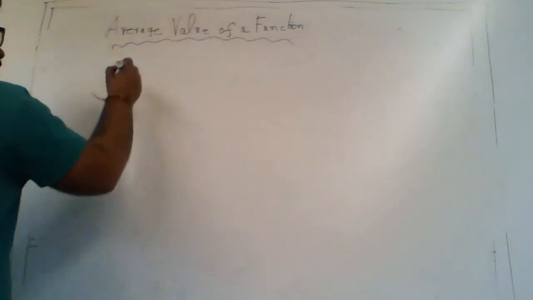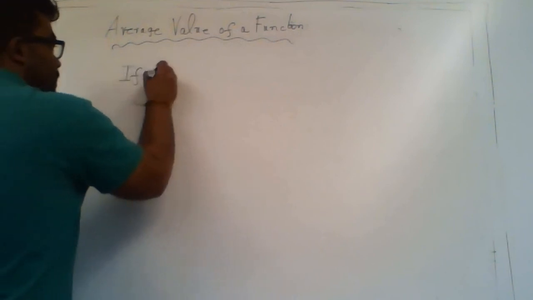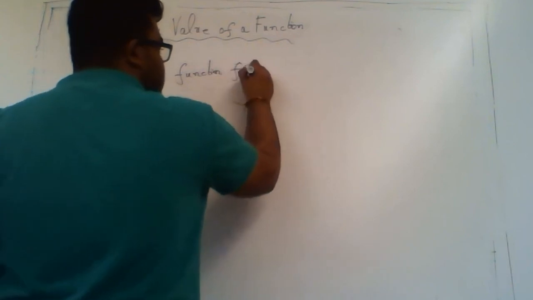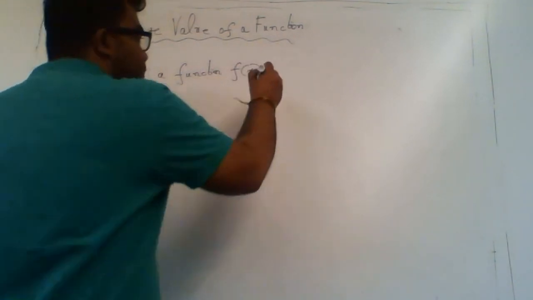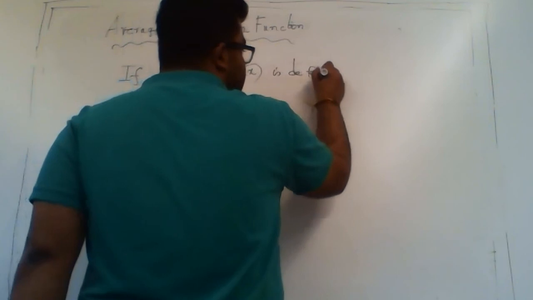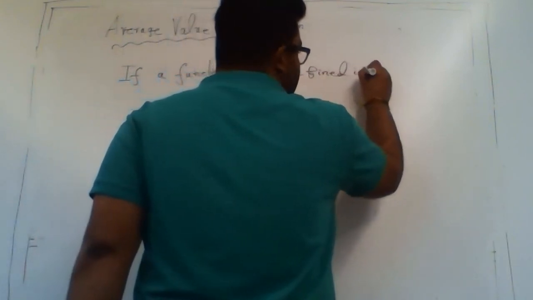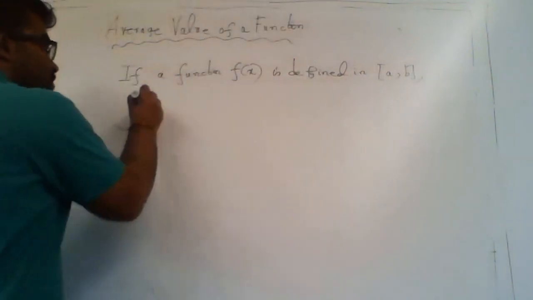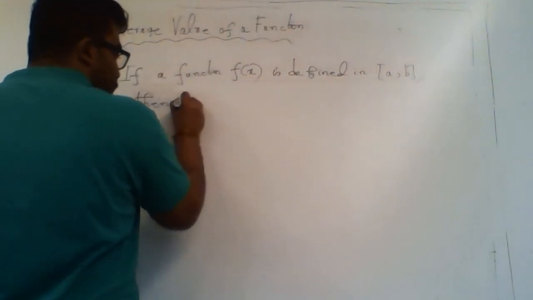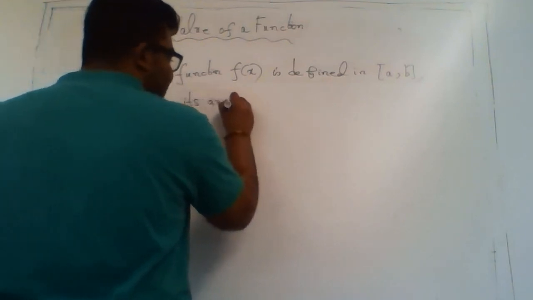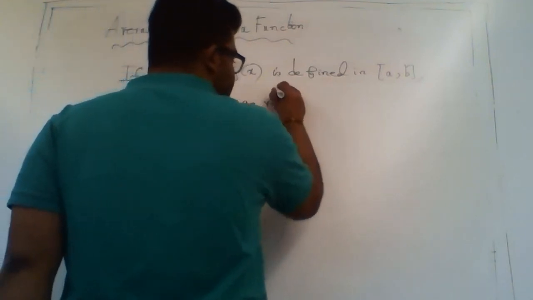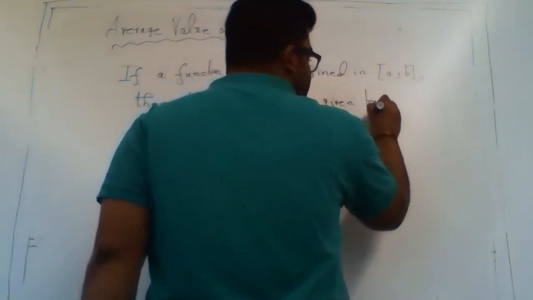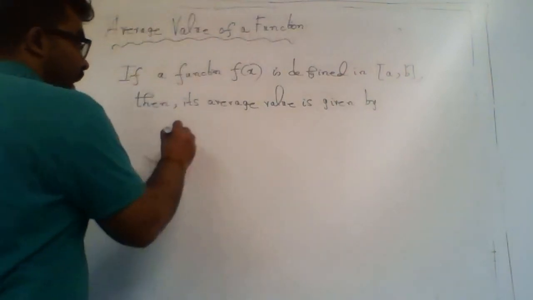So the formula for the average value of a function is very simple. Now write down the formula: if a function f(x) is defined in this interval [a, b], then its average value is given by f_ave.